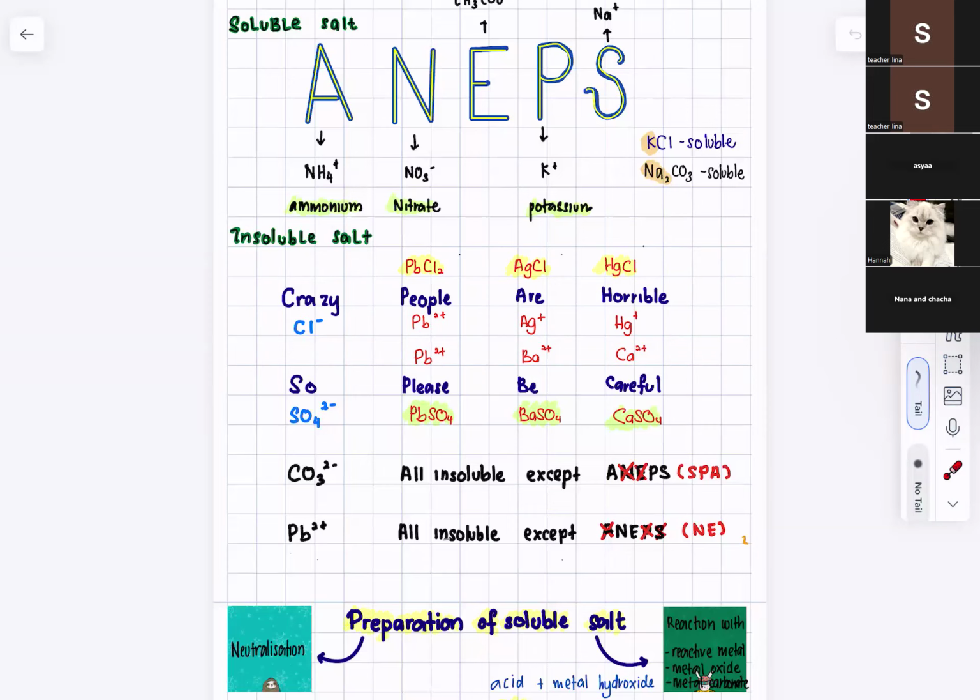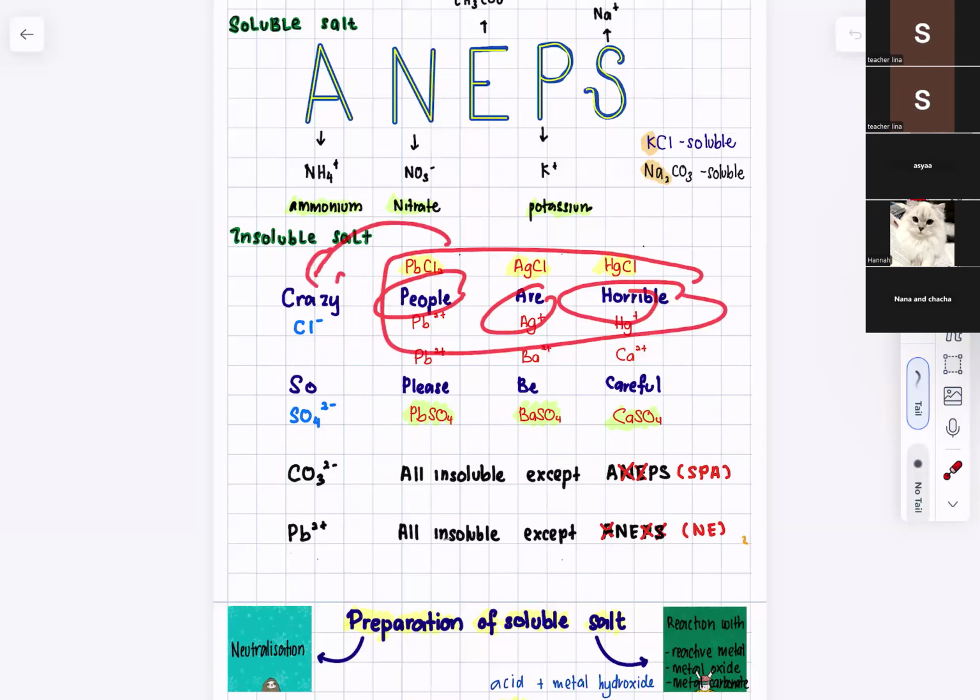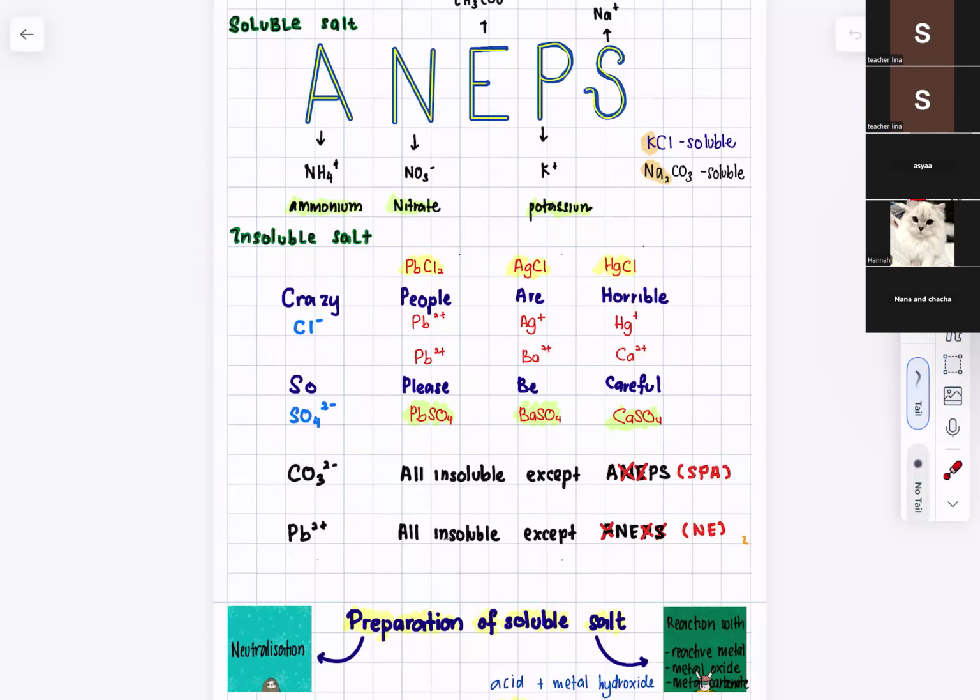Soluble. Calcium sulfate, right? Calcium sulfate is insoluble. For sulfate, you have calcium. These three are only for chloride. Please be careful. Pb, Ba, and Ca are under sulfate.